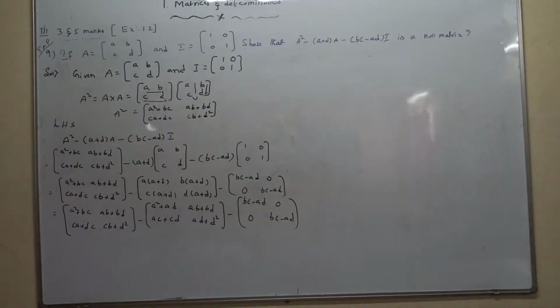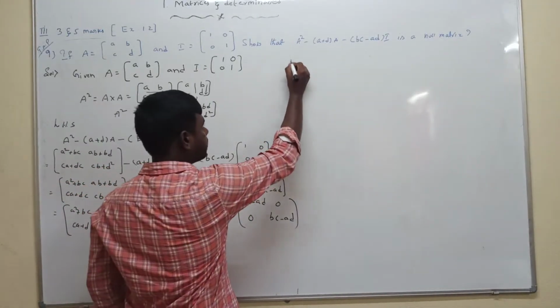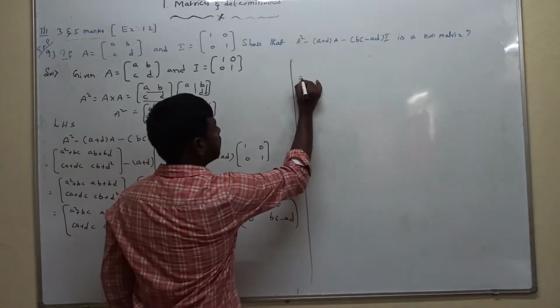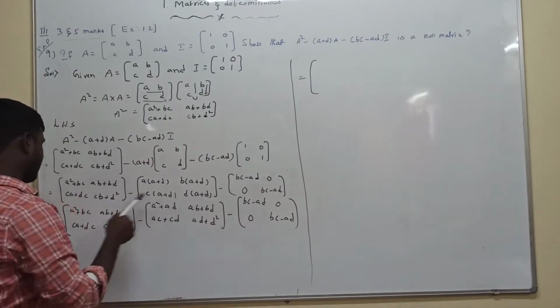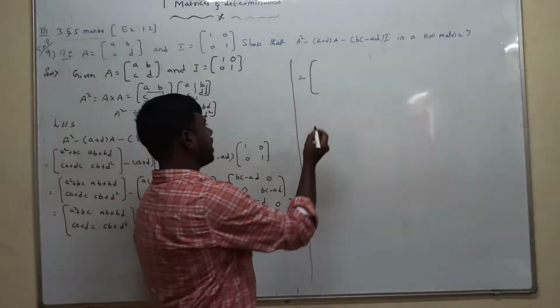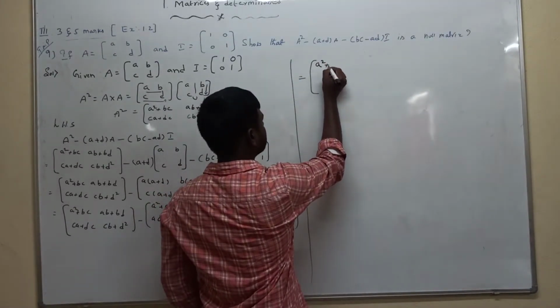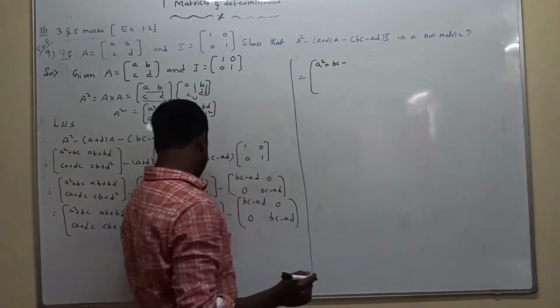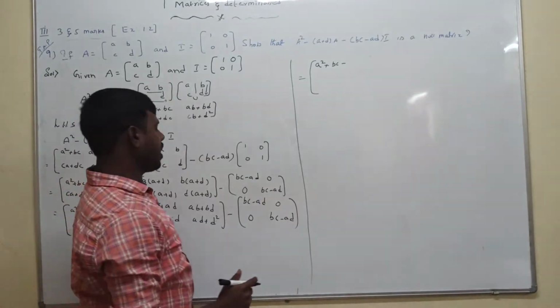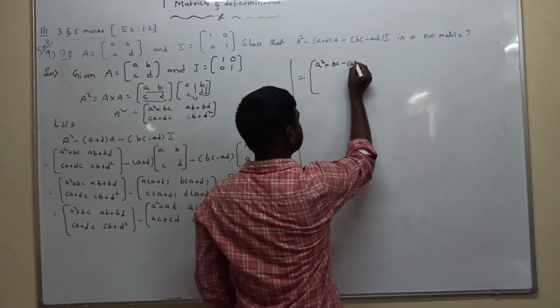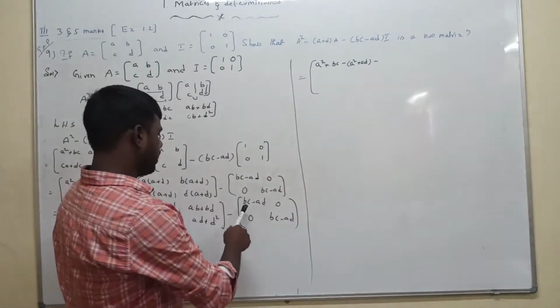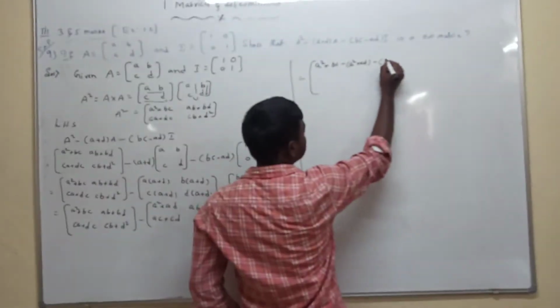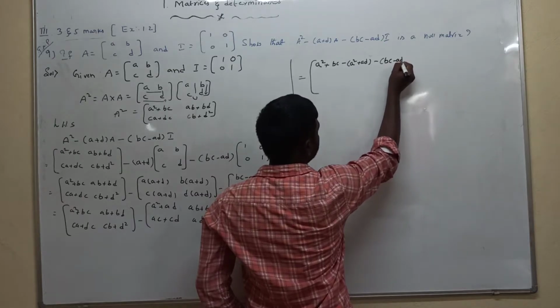Now, subtracting the corresponding elements, finally we get the null matrix. First element minus first element: a square plus bc minus a square plus ad minus (bc minus ad).